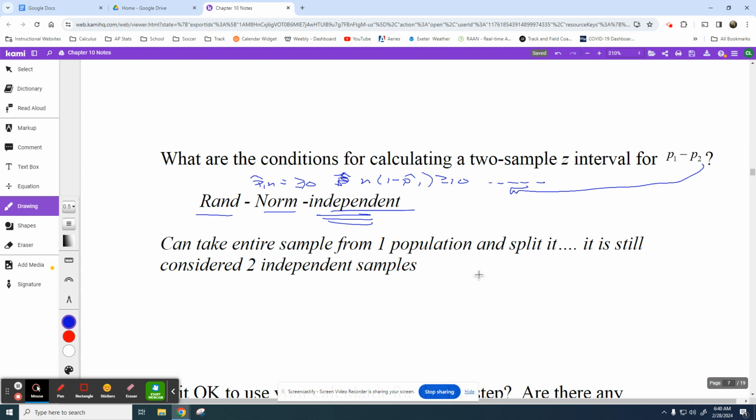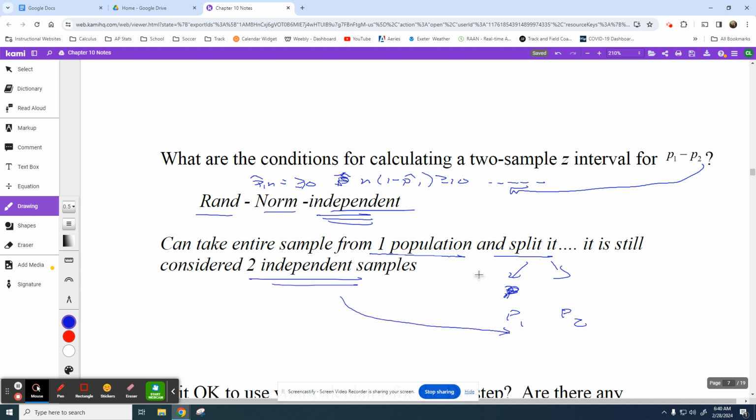The only trick to paying attention to these, and it's really not a trick, is that sometimes it comes up where it's one population and they take a sample and then they split it. That's okay. It happens a lot because you can't always get two separate populations to sample from. So if it's one population and they split it into two samples, where we get proportion 1 and proportion 2 from this population, it's still considered two independent samples.